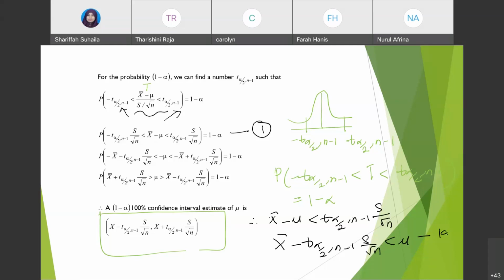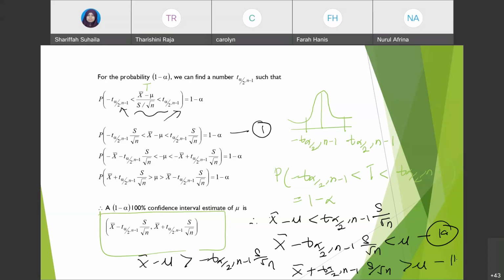This is 1A. The same thing, you take X bar minus mu greater than minus T alpha over 2, N minus 1, S over square root of N. So rearrange, X bar plus T alpha over 2, N minus 1, S over square root of N, greater than mu. This is 1B.